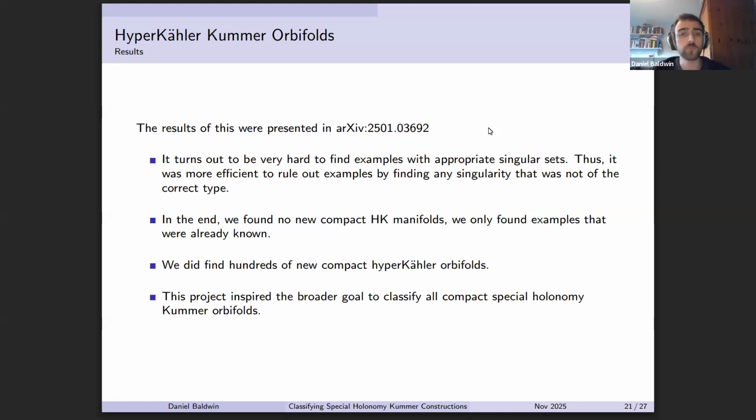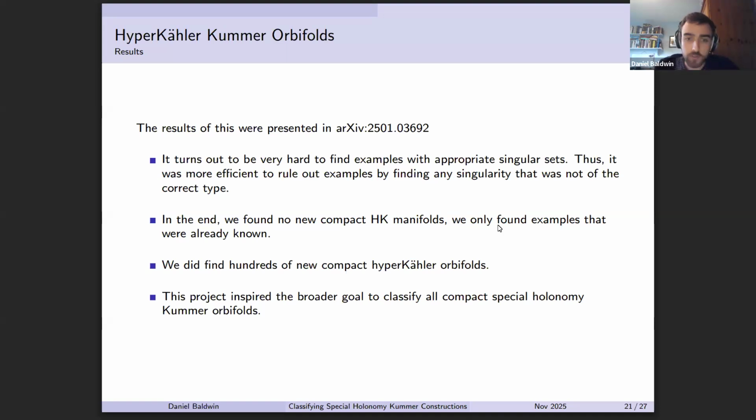In the end, we found no new compact hyperKähler manifolds through this method, so it was kind of a negative result. The only examples we found where all the singularities did admit a symplectic resolution gave rise to compact hyperKähler manifolds that were already known in the literature that I mentioned before.